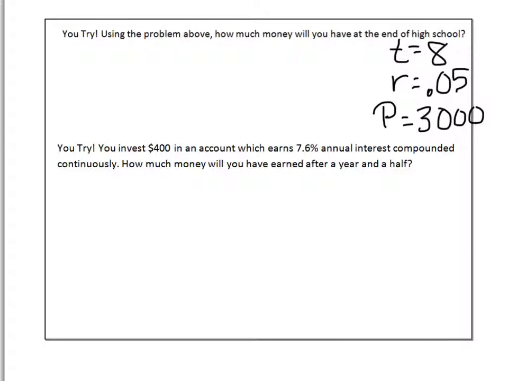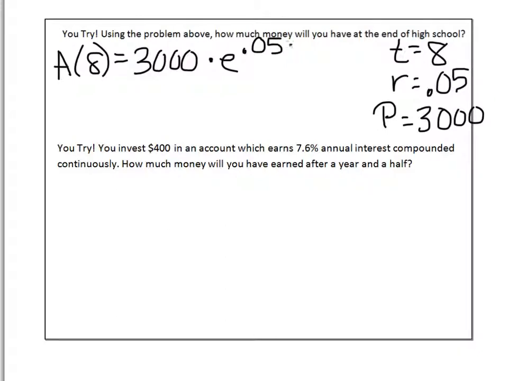So you should have set up the equation to say A of 8 equals 3,000 times e to the RT, so 0.05 times 8. And after you type that into your calculator, you should have had 4,475.47409.